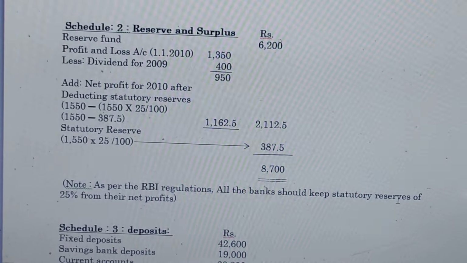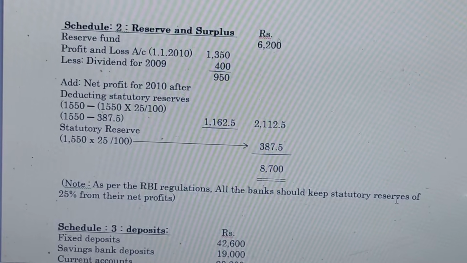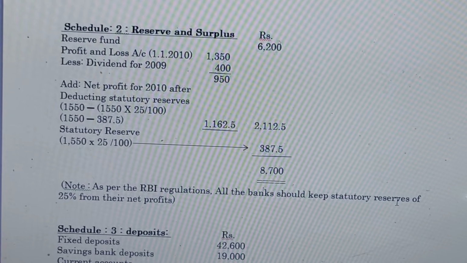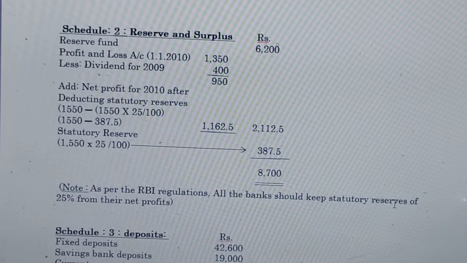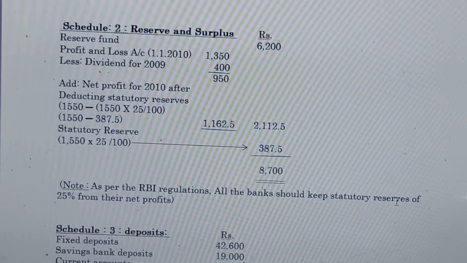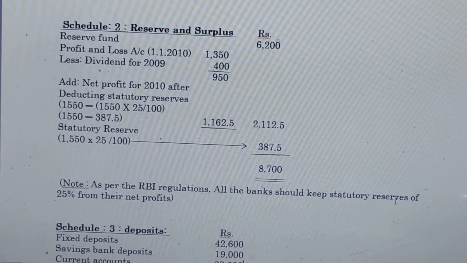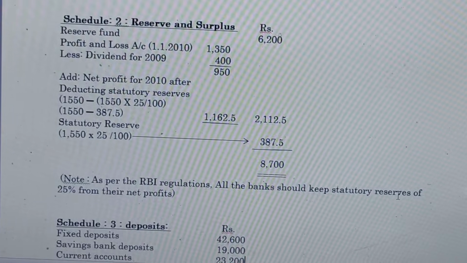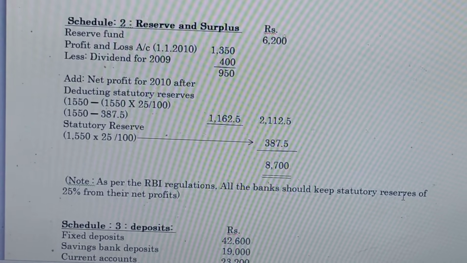Then less dividend for 2009, rupees 400. First we have to deduct the dividend amount from the profit and loss account. So 1,350 minus 400, we get the balance in profit and loss account of rupees 950. After that we add the net profit for 2010 after deducting statutory reserve.